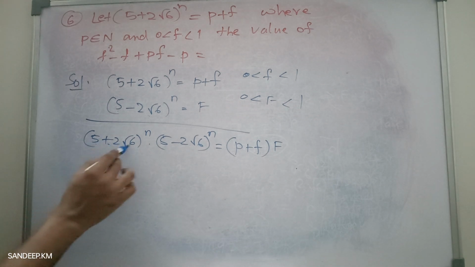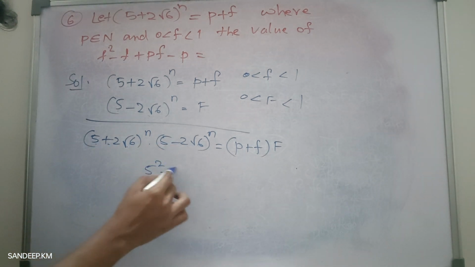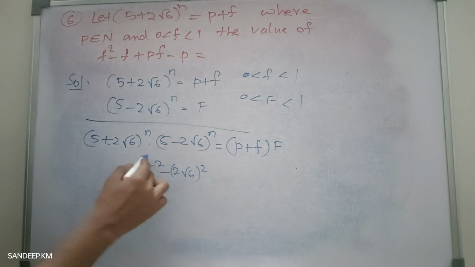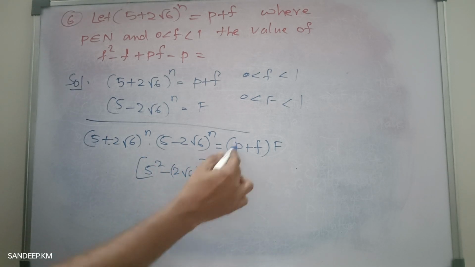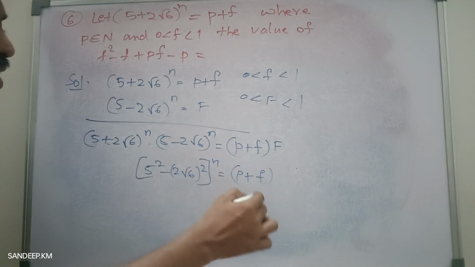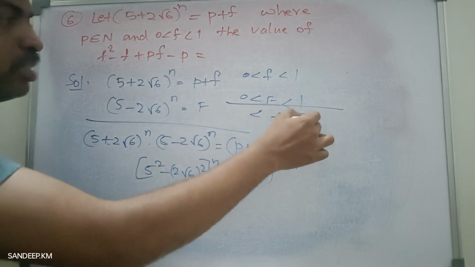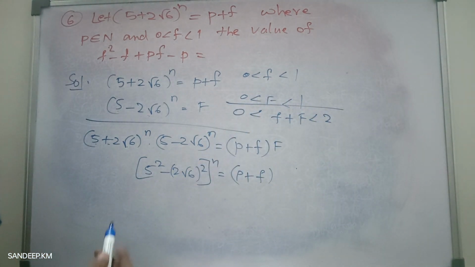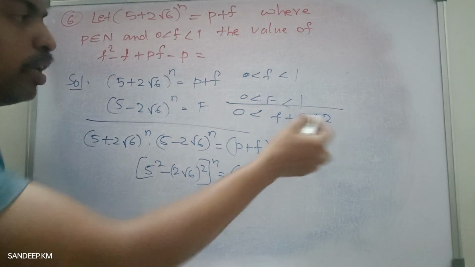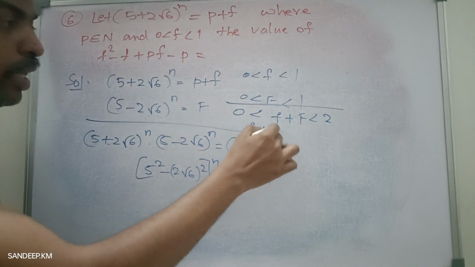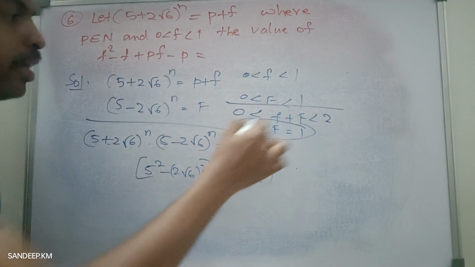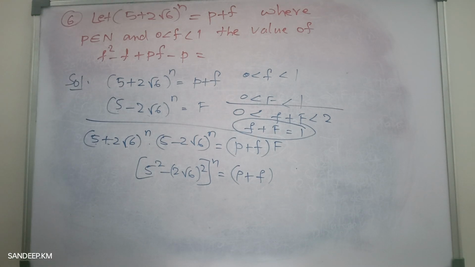We can use (a plus b) into (a minus b), a square minus b square, again whole power n is equal to (p plus small f) as it is. And we know that, dear students, small f plus capital F is between 0 and 2, and the only integer between 0 and 2 is 1. You already know why we are taking small f plus capital F is equal to 1. So check the previous videos if you have no clarity about that.